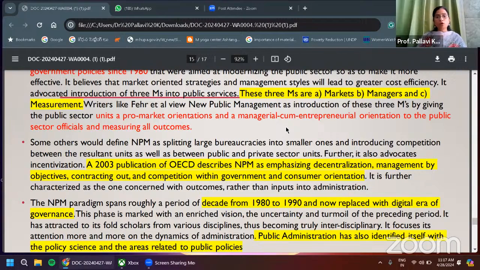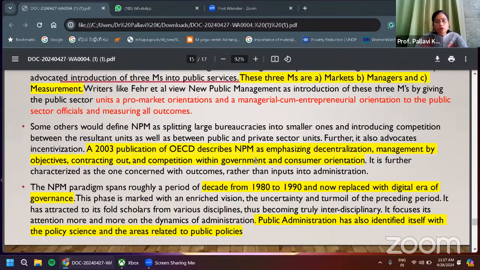How much money are they spending, and are they able to really sustain? But ultimately, the main goal will be the service of the people. That has not changed. But unnecessary expenses are not possible in the government sector, because you have pre-auditing, post-auditing, and all these things.